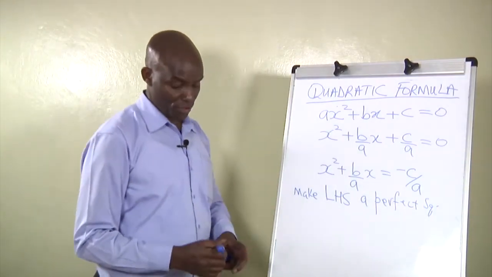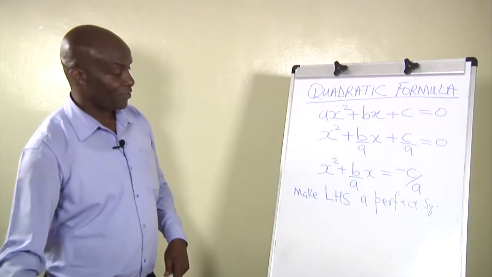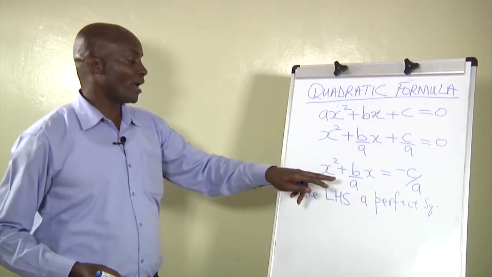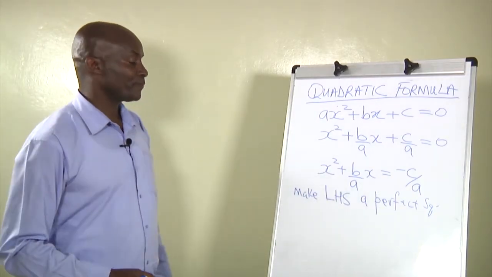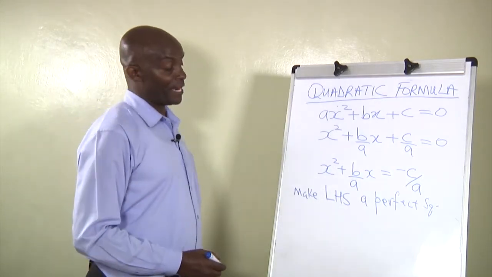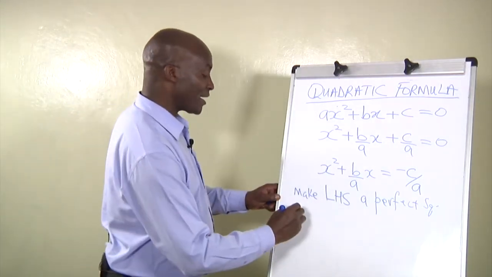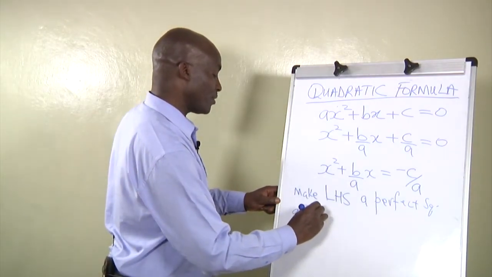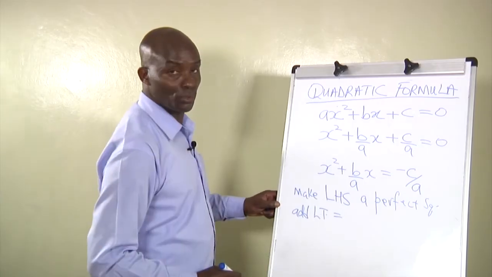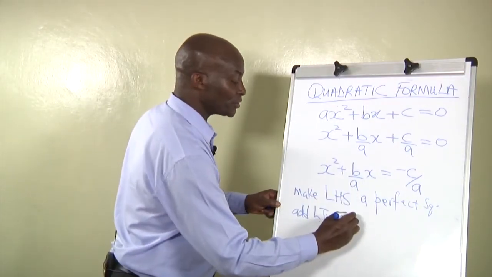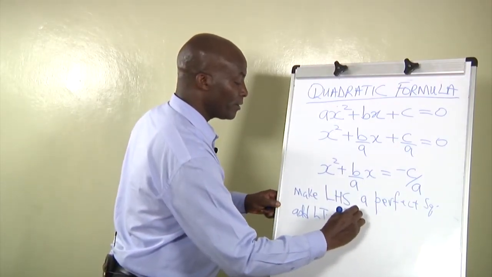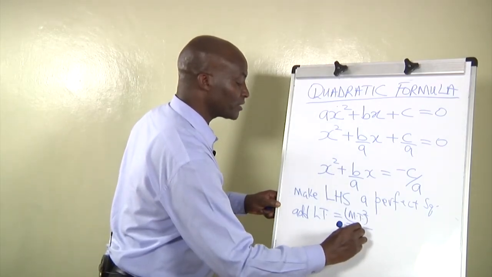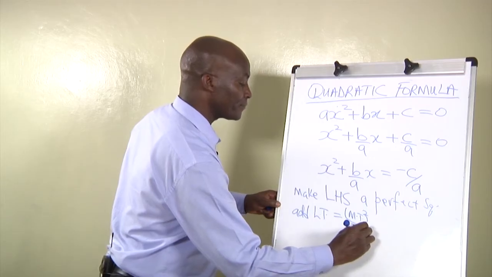Now, this is the method we have been discussing throughout. So, to make the left-hand side a perfect square, we need to add what? The last term. We need to add the last term, which should be equal to the middle term squared divided by 4 times the first term.